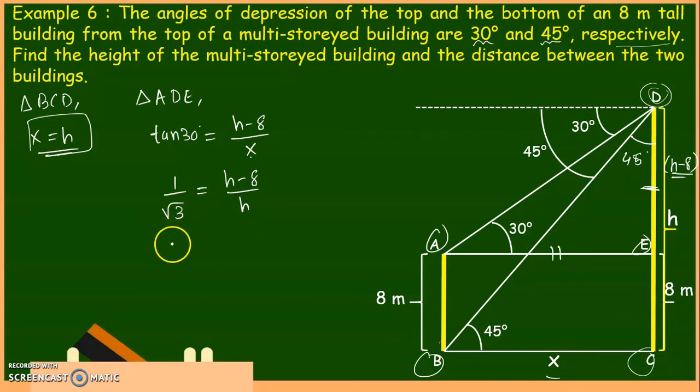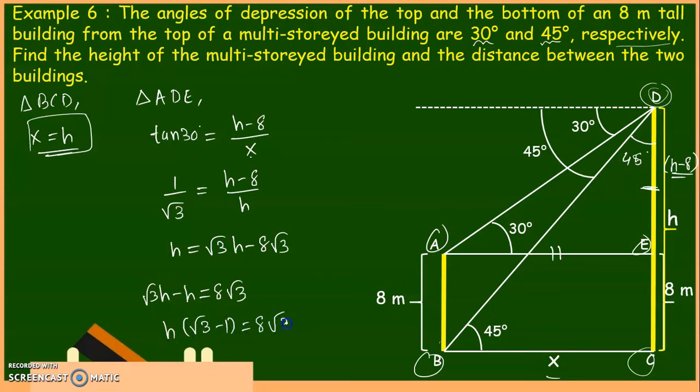So if you cross multiply, you will get h equal to root 3 h minus 8 root 3, and if you rearrange this equation you will get root 3 h minus h equal to 8 root 3. Taking h common, we get h equal to 8 root 3 divided by root 3 minus 1.